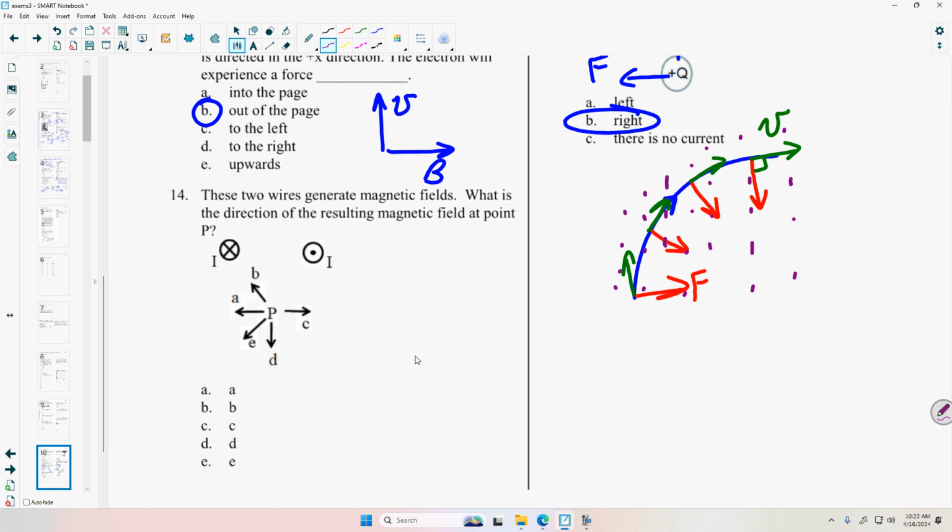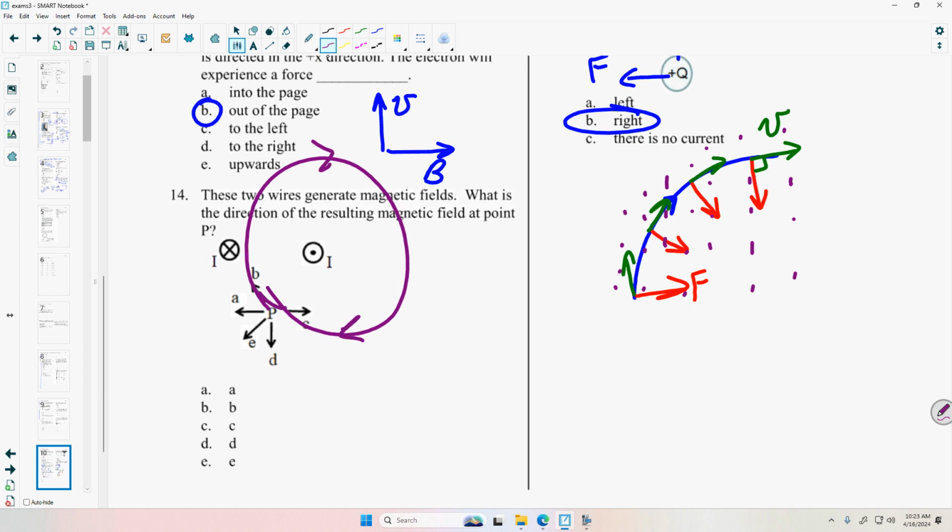Let's take this one on the right first. My current is coming out. That means that my magnetic field wraps around in a counterclockwise direction. So the magnetic field goes in a counterclockwise direction, like that. Now if I expand that circle, it goes counterclockwise like that.